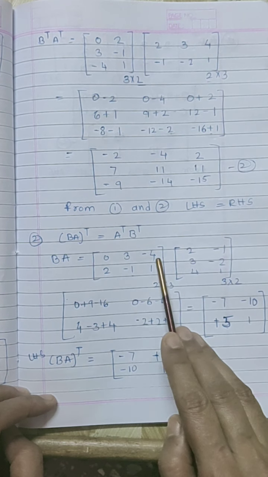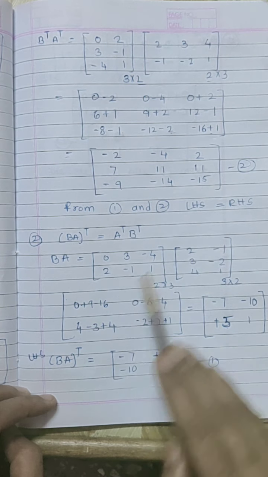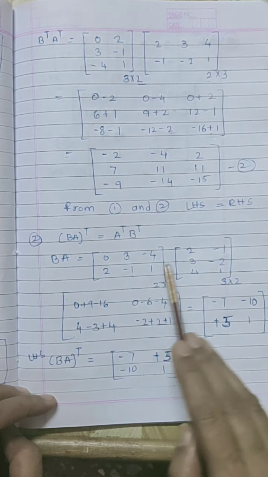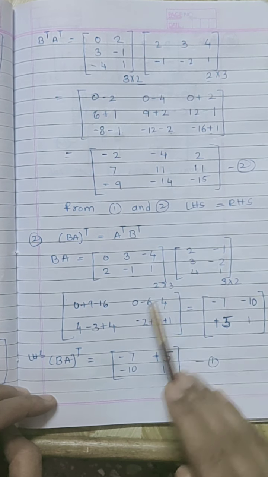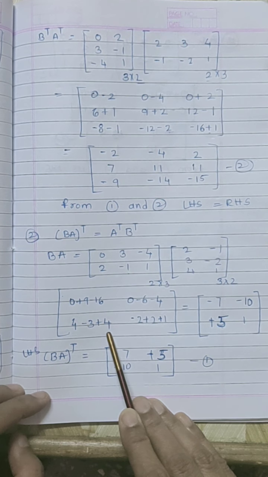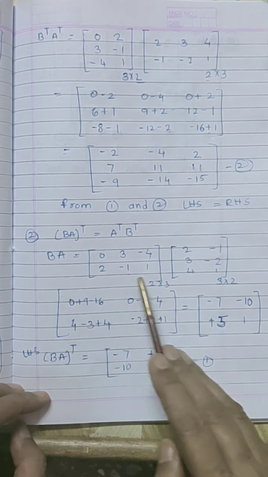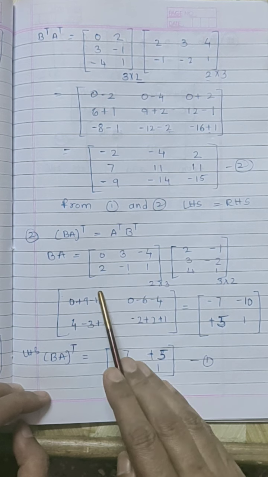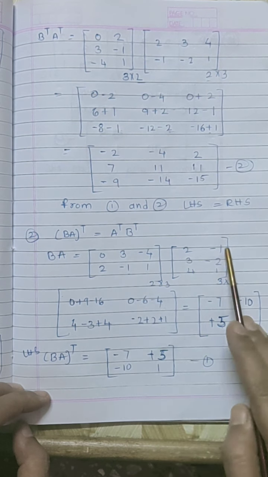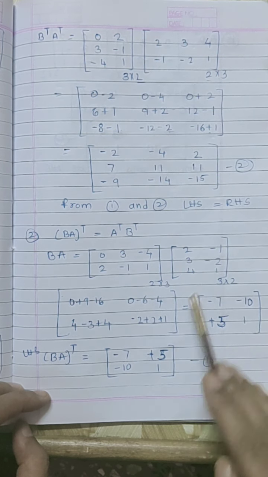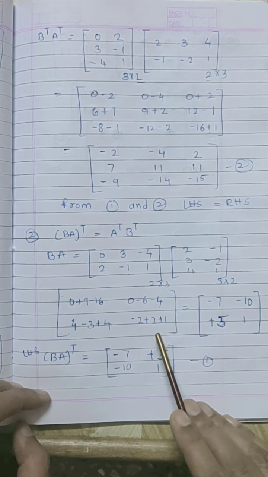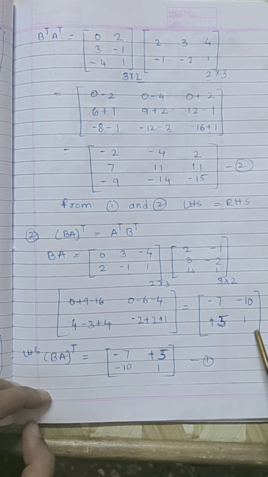So our first row is completed. Take the second row. 2 into 2 is 4, minus 1 into 3 is minus 3, 1 into 4 is 4. Now this with this, so 2 into minus 2, minus 1 into minus 2 is plus 2, 1 into 1 is 1. Do the calculation, you will get this matrix.